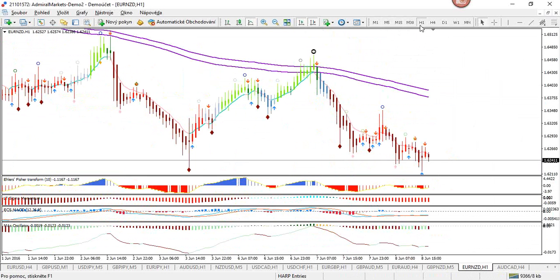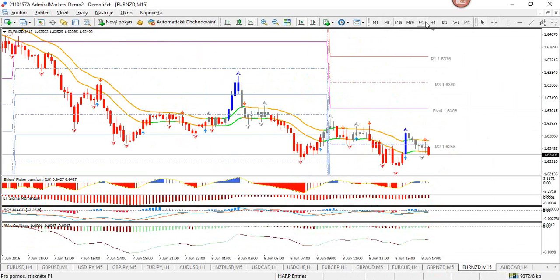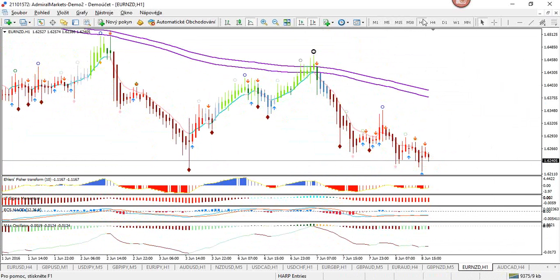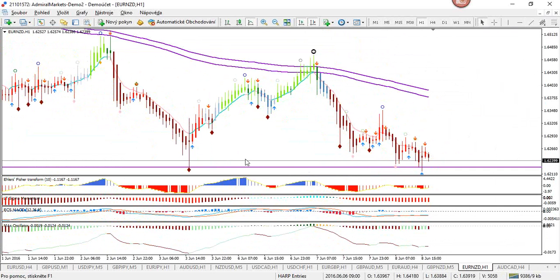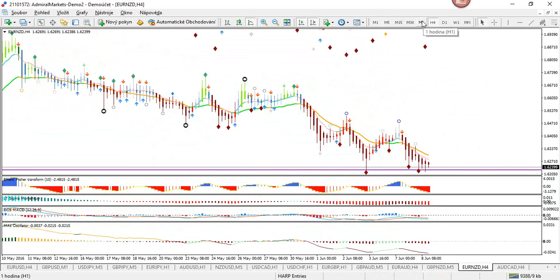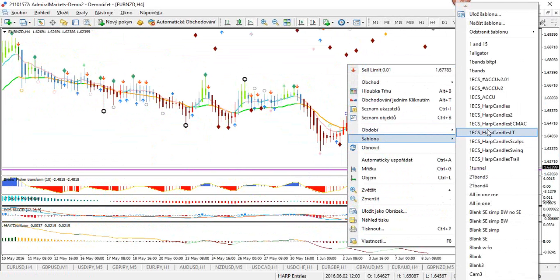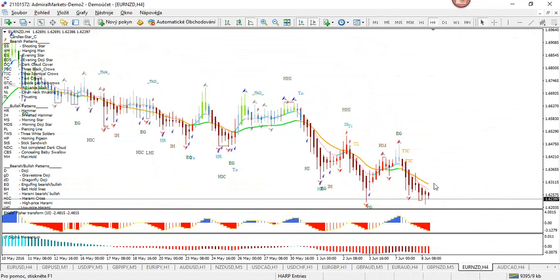And last but not least, any swing trade on the Euro New Zealand? Maybe, but we do have a bit of support level right here, so no, probably not.